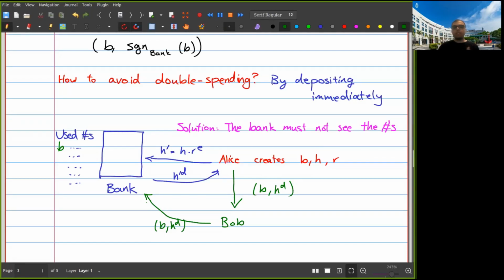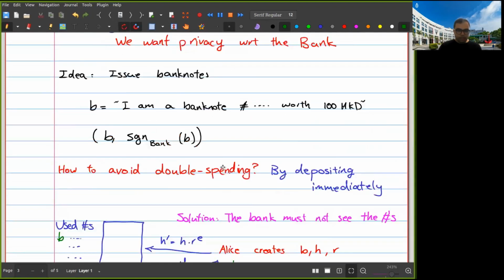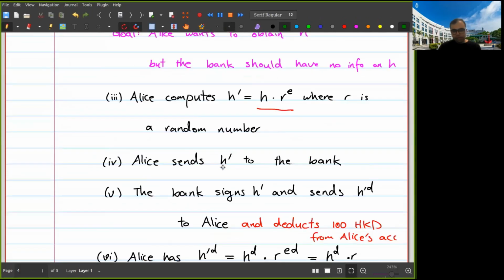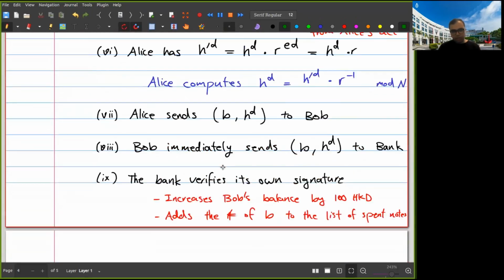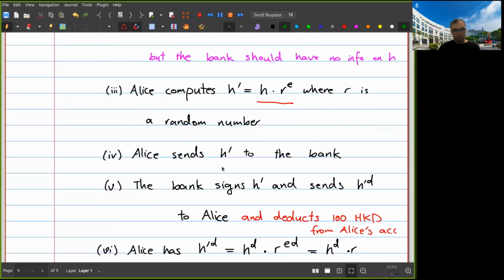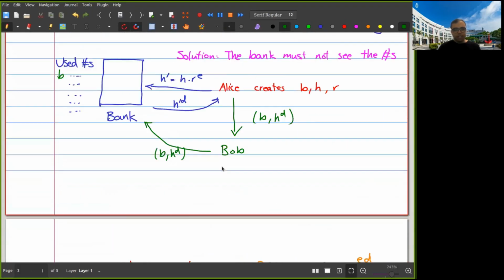And that's, of course, the privacy that we wanted here. So in other words, the deposits and the withdrawals are not really linked together. So that's nice. But this was just a huge detour into the world of blind signatures.